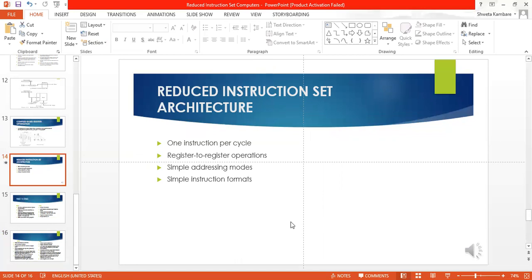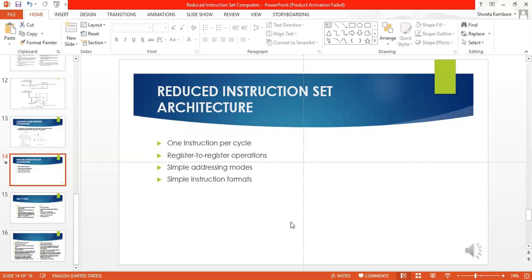Let's first see what we mean by a cycle in the case of reduced instruction set architecture. One cycle means the time required for the processor to fetch two operands, perform an ALU operation, and store the result back. That time will be considered as one cycle.